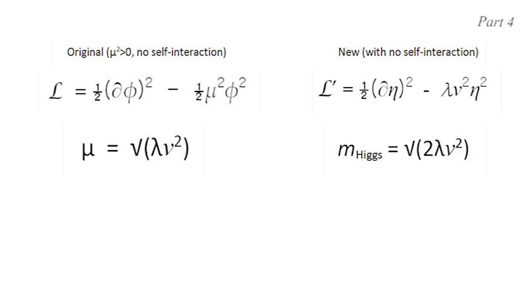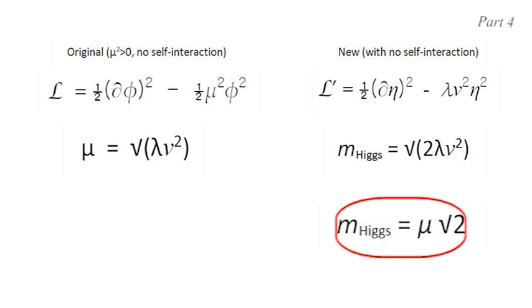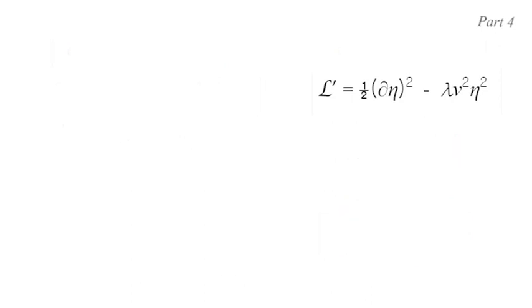So the mass of the Higgs particle in the side cup turns out to be root 2 times larger than the original mu, or mass, before symmetry breaking. The mass of any excited particle in a side cup after spontaneous symmetry breaking is root 2 times the mass of the particle before symmetry breaking.